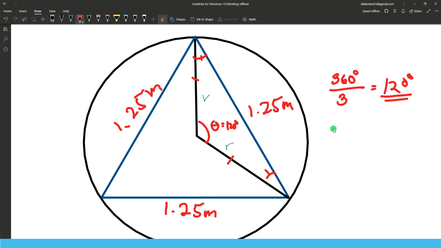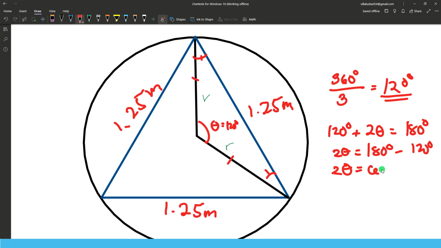So if this is 120 degrees, the two equal angles should add up to 180 degrees minus 120 degrees. That's 2 theta equals 60 degrees. Divide both sides by 2. We have 30 degrees on each side.